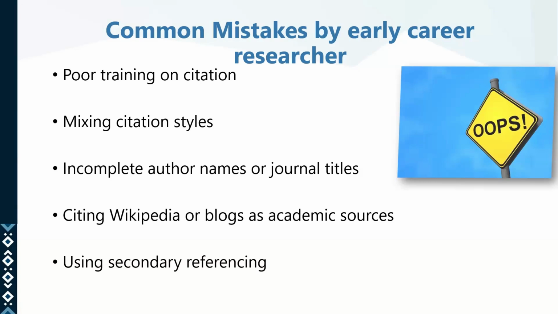Another mistake is citing sources like Wikipedia or blogs, that we know are not trustworthy. They are sources where anybody can come and put any information without proper checking. So it's not a source that you can cite.